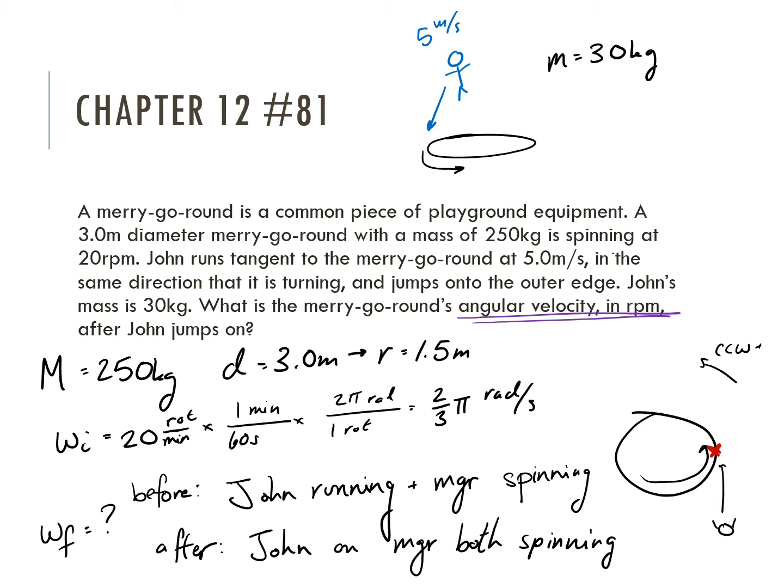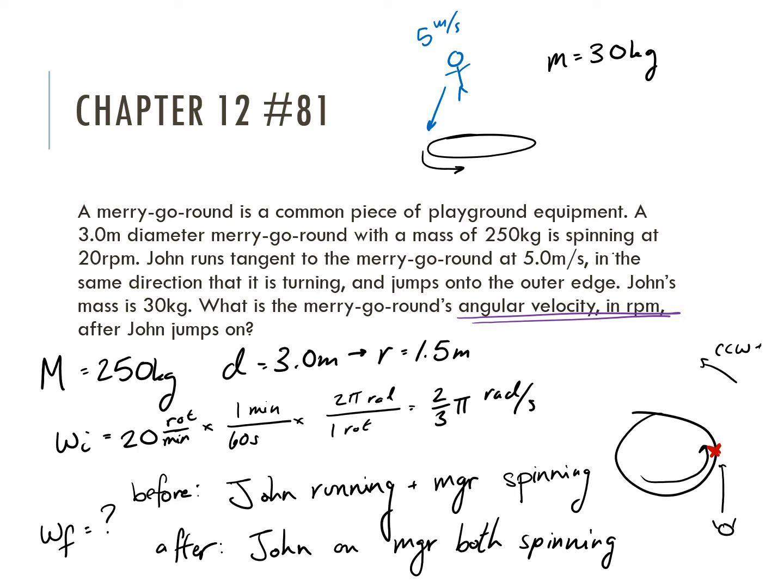So when we set up our conservation of angular momentum, in our before case we need the angular momentum of John running, and the angular momentum of the merry-go-round spinning. Afterwards, we're going to have the angular momentum of John and the merry-go-round moving together. So we have pretty much everything we need to go through and solve already written down.